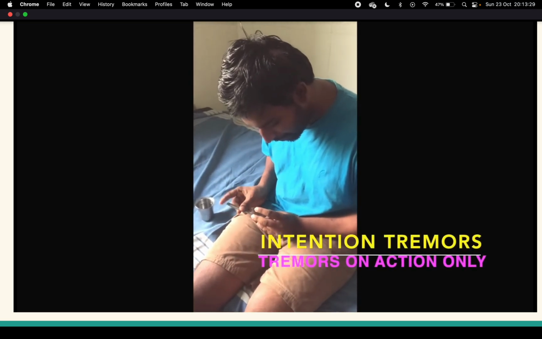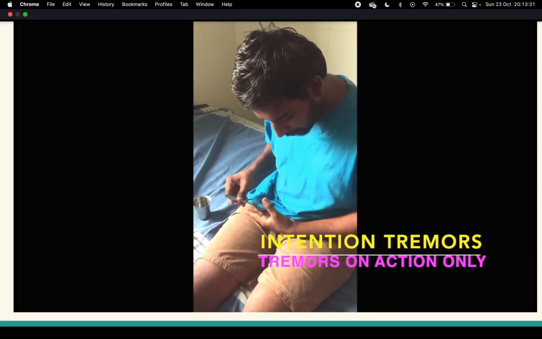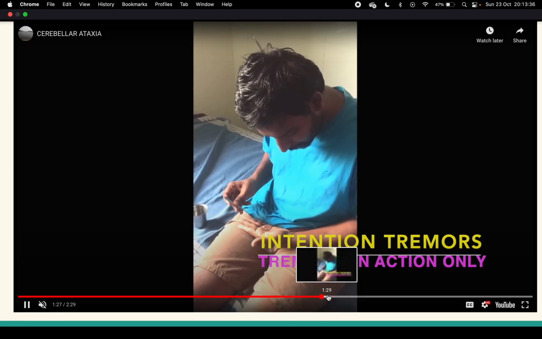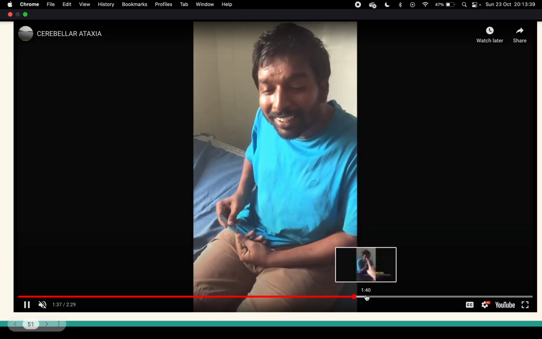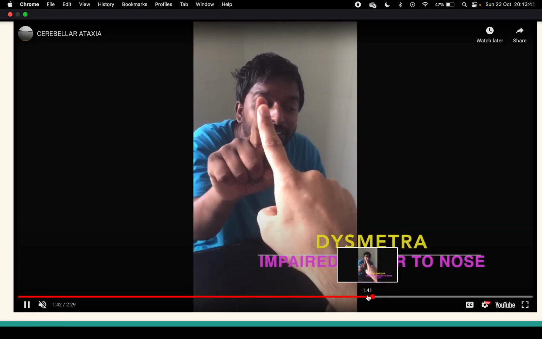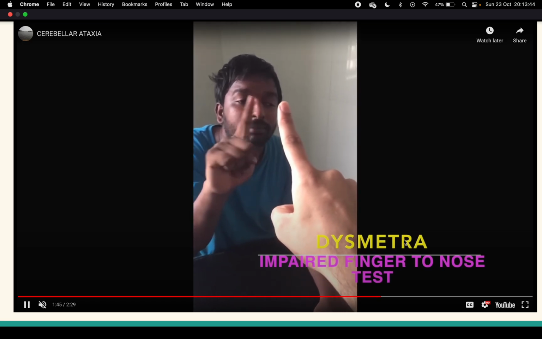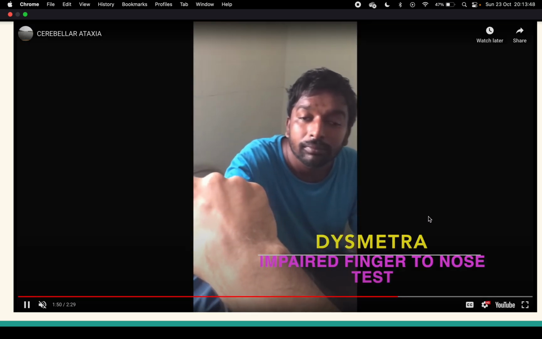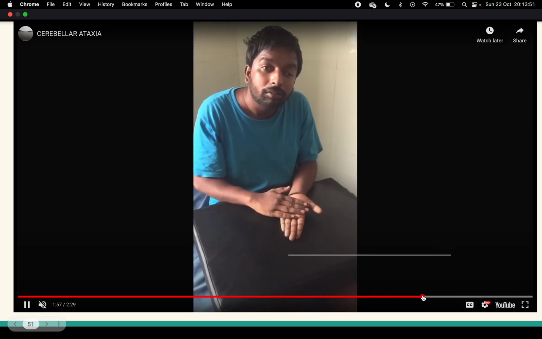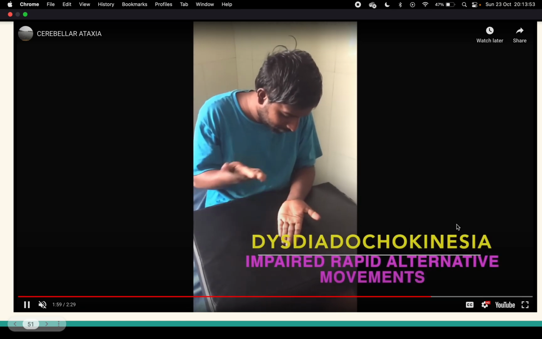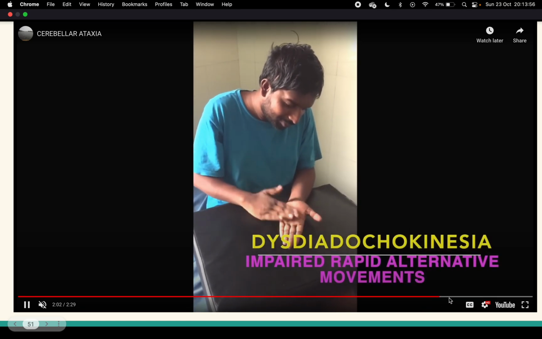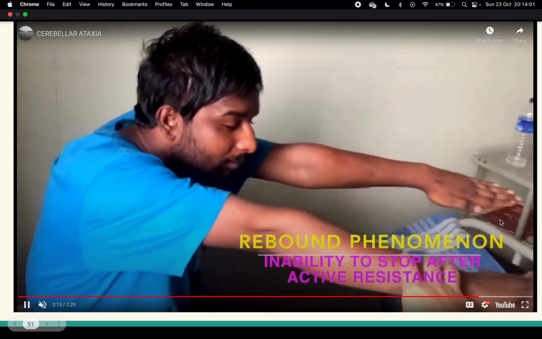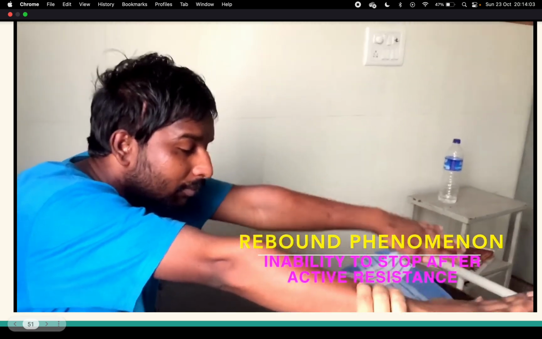And there are intention tremors, which are tremors on action only. There is dysmetria, impaired finger to nose test. There is fast pointing. There is dysdiadochokinesia, impaired rapid alternating movements. All these signs we can see in a patient with cerebellar pathology and rebound phenomenon, unable to stop after active resistance.